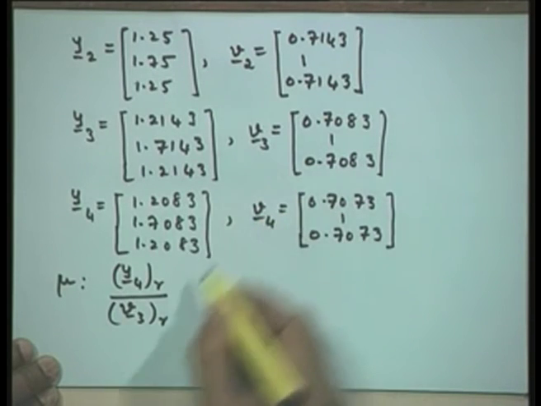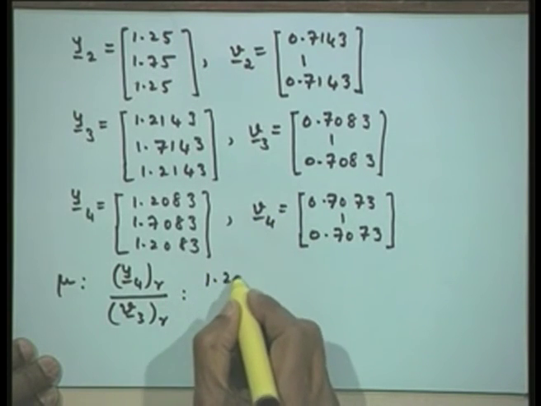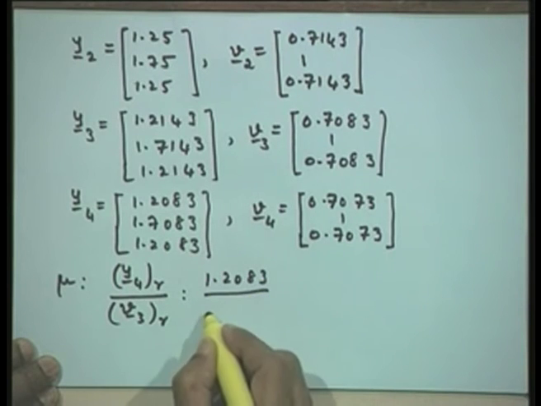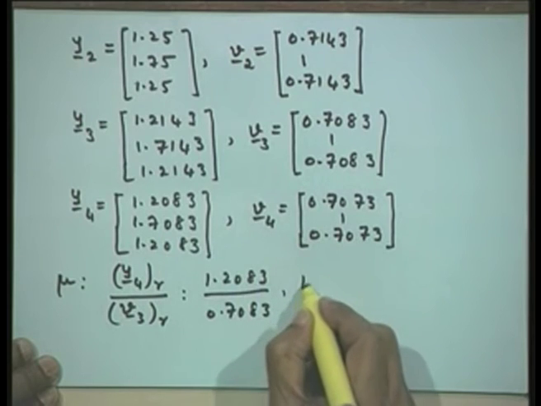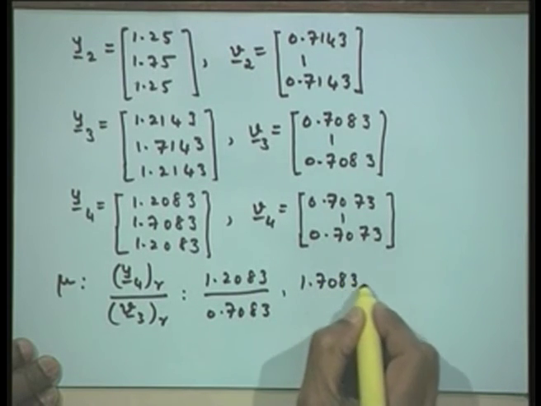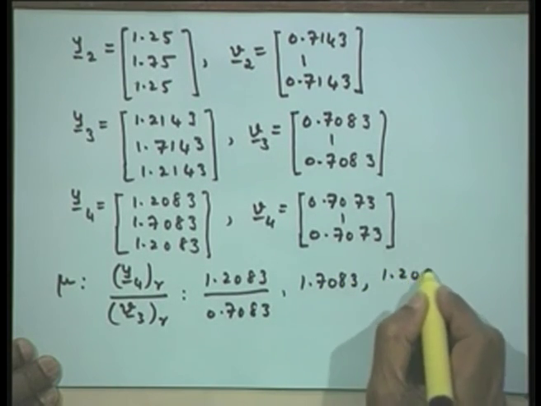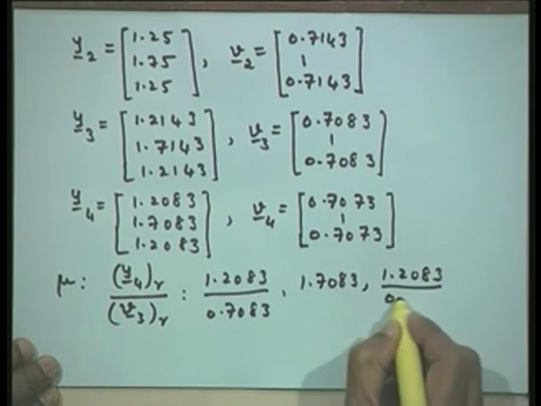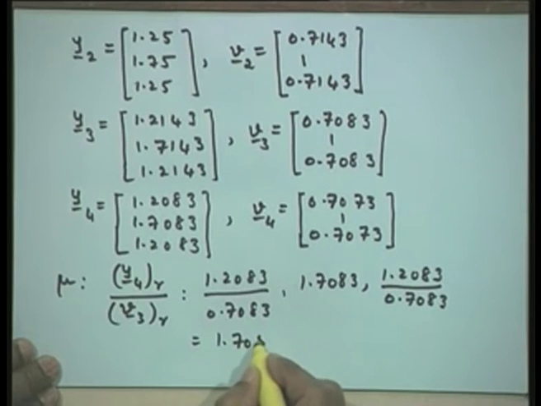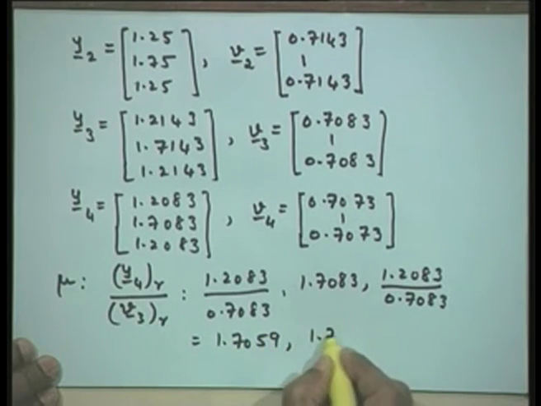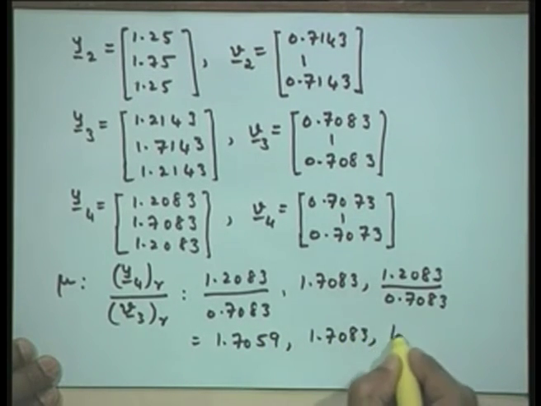So, ratio of these components: 1.2083 by 0.7083, this divided by this is 1.7083, and this is 1.2083 by 0.7083, and these values are 1.7059, 1.7083, 1.7059.